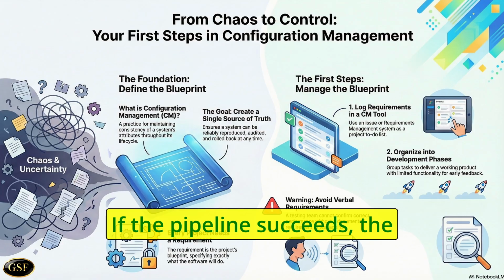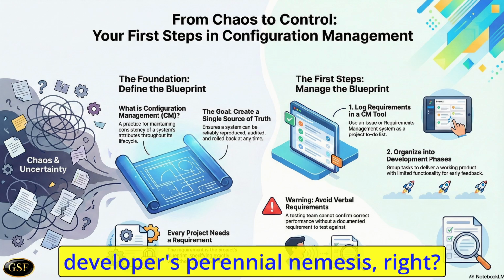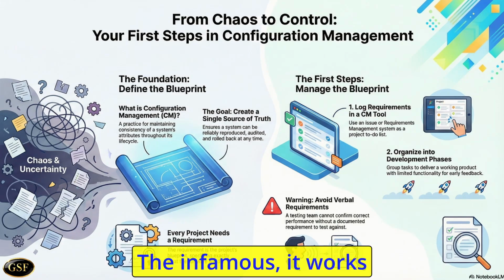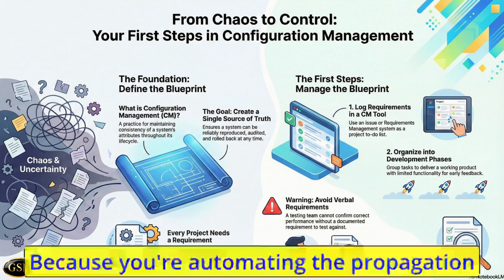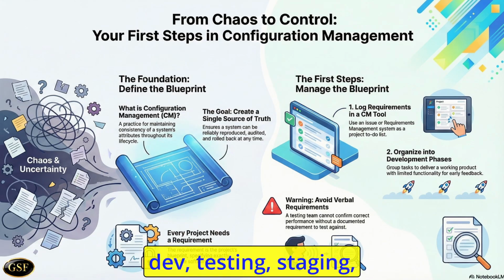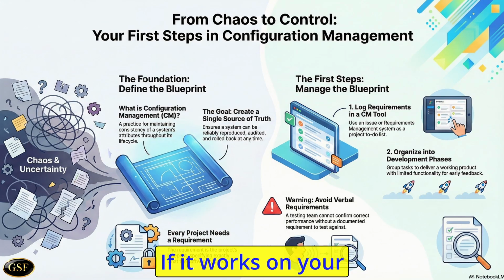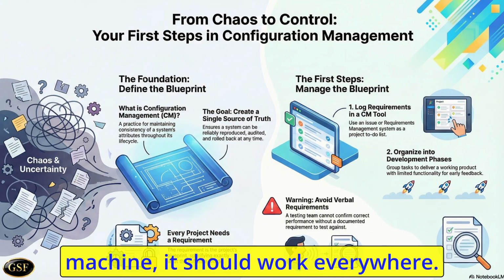If the pipeline succeeds, the environment has to be correct. And that beautifully eliminates the developer's perennial nemesis, right? The infamous it works on my machine problem. Because you're automating the propagation of those changes across dev, testing, staging, production. Everything is synced back to that single source of truth. If it works on your machine, it should work everywhere.